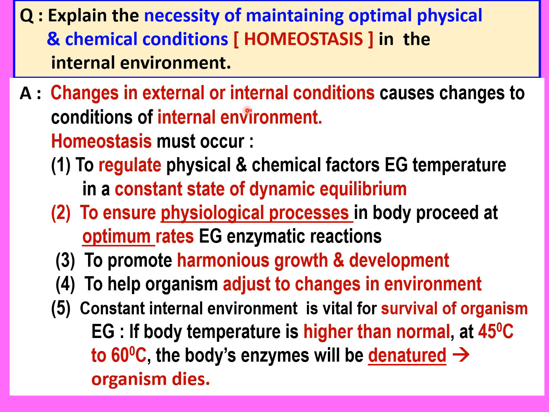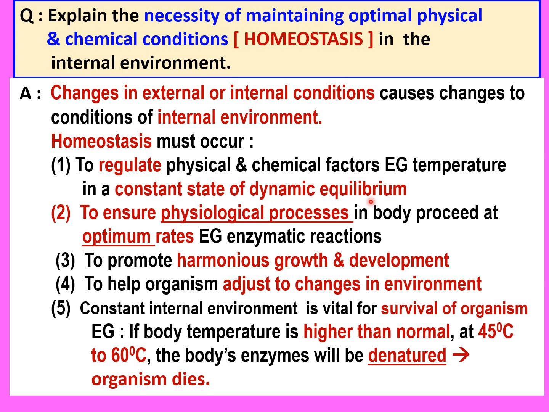Changes in external or internal conditions, either inside or outside our body, can cause changes to the conditions of the internal environment, conditions of the blood and the interstitial fluid. So homeostasis must occur to regulate or control the physical and chemical factors, such as temperature, to be in a constant state of dynamic equilibrium.